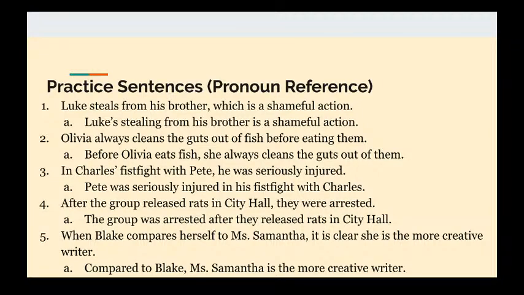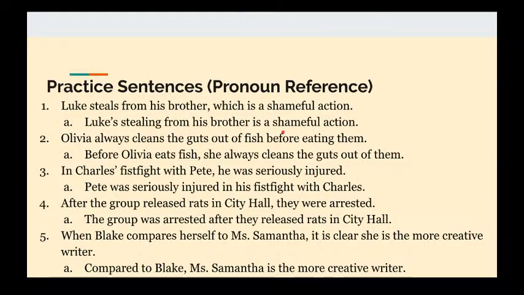For sentence number 3, in Charles' fistfight with Pete, he was seriously injured. To correct the sentence, you would write, Pete was seriously injured in the fistfight with Charles. Because fistfight is placed in between the two names in the beginning, with Charles' fistfight with Pete, we don't know who exactly was seriously injured, so we would get rid of the word he from the sentence, so we just have no pronoun.